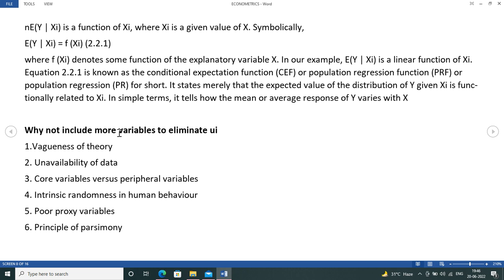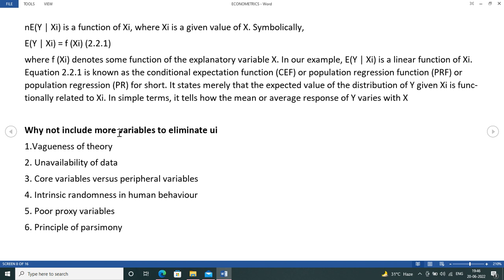Permanent income is the income of the future, so how can you take a proxy for that? Milton Friedman took per capita income as the proxy for permanent income, and consumption expenditure for permanent consumption. But this is not accurate. You can't accurately measure permanent income and permanent consumption using these variables. So there will be the issue of poor proxy variables.